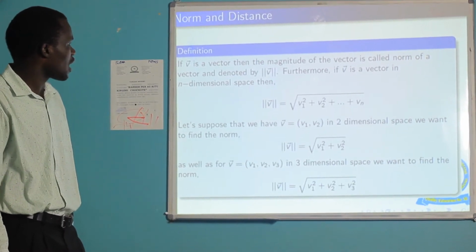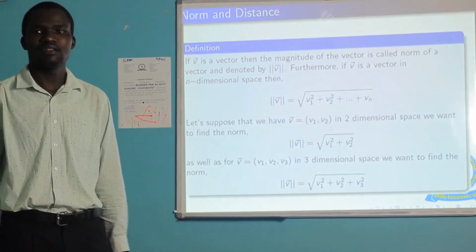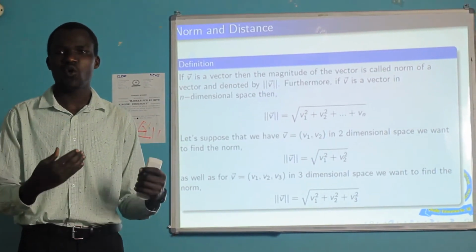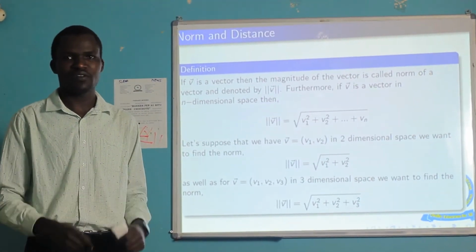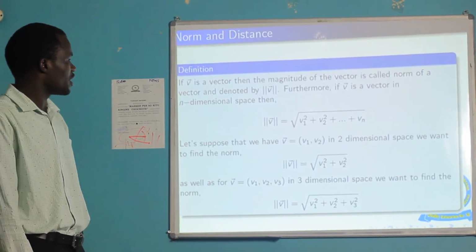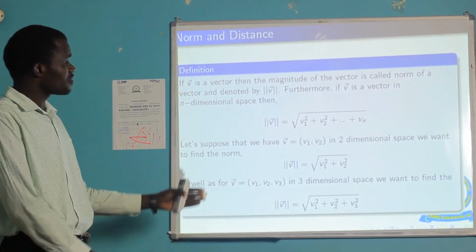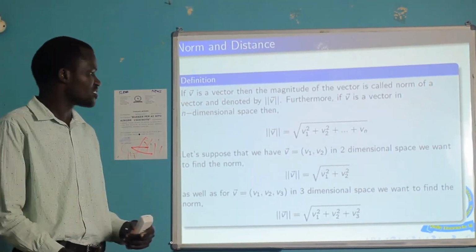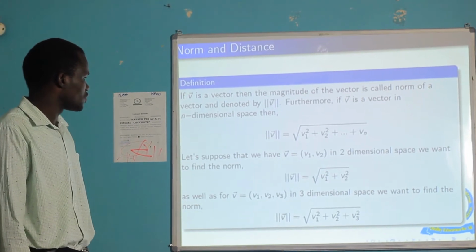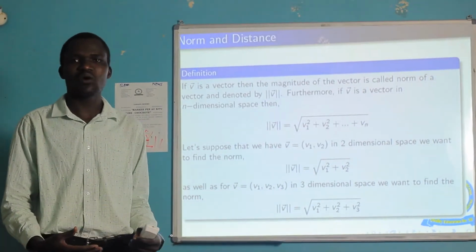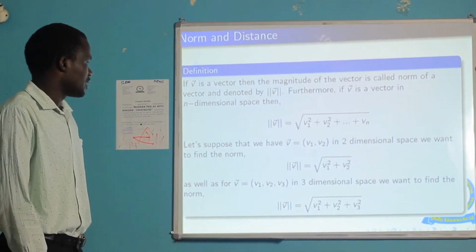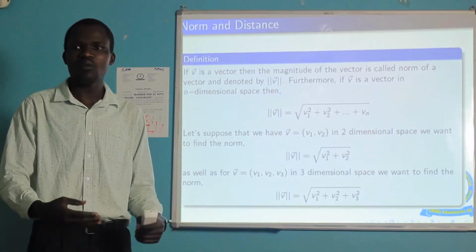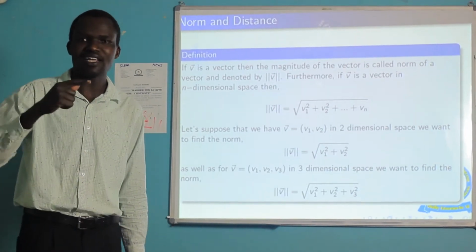Furthermore, how can we find this norm? It's just the square root of the sum of the squares of the entries of the vector, as shown here. This is for a vector of n dimensions, meaning with n entries. So, what about a vector with only 2 entries?